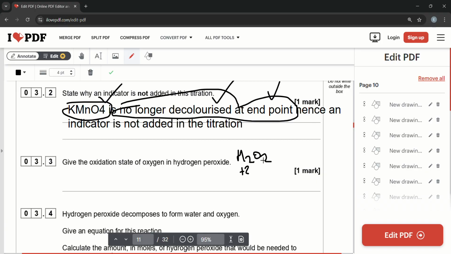Therefore the oxygens together must be -2. However, because we've got 2 oxygen atoms, the actual individual O is going to have an oxidation state of -1. So that's the only trick. It's not -2, that's for 2 oxygen atoms. The oxidation state of 1 oxygen is -1.